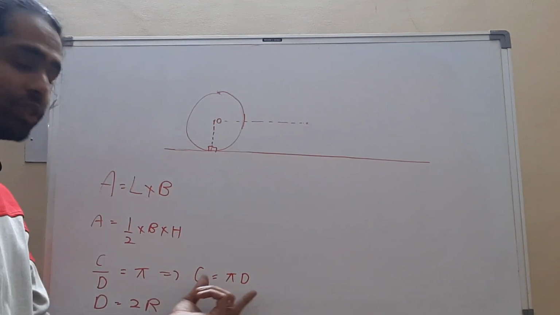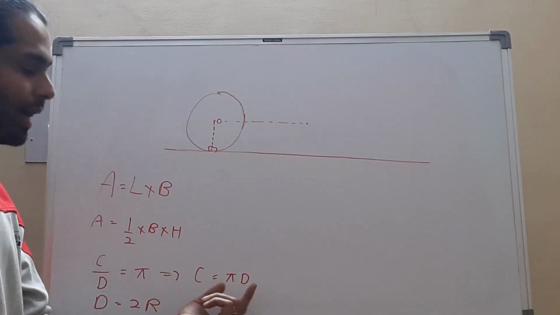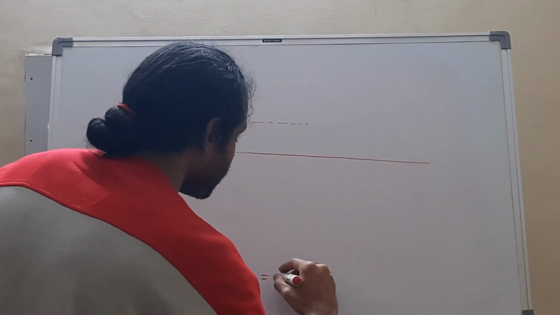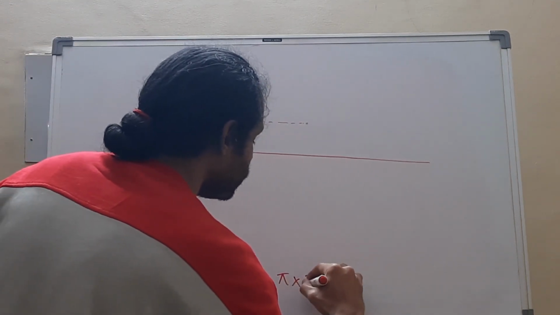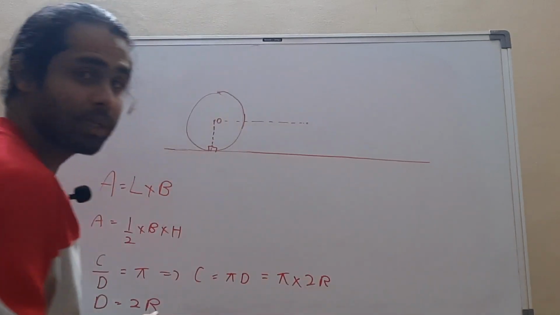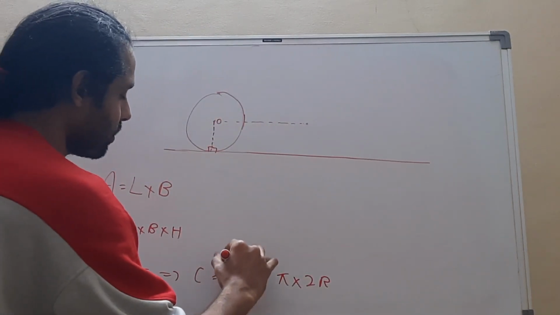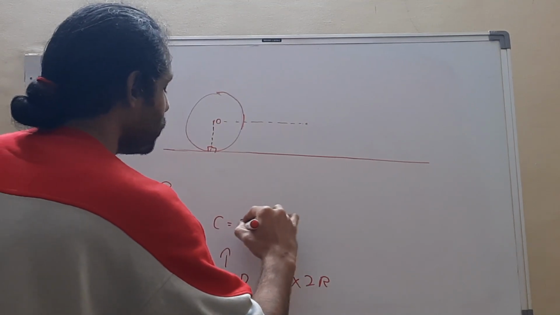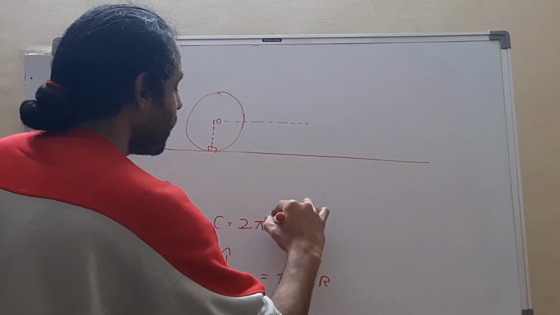So in this equation, C is equal to pi D, I could replace D as 2r: pi into 2r, which means C is equal to 2 pi r.